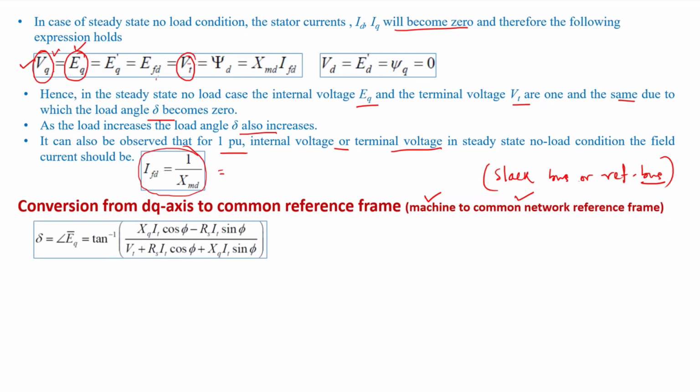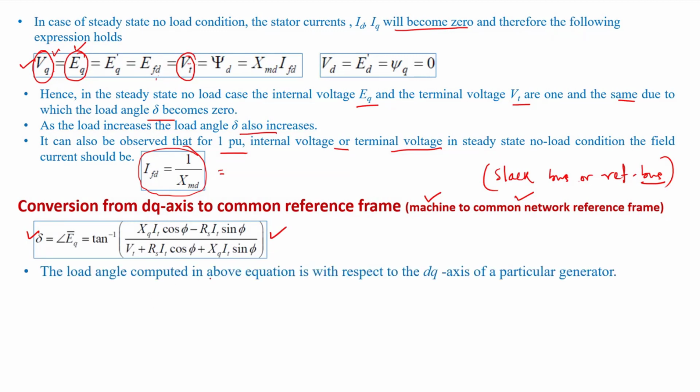Now you know the delta is this. Delta is the angle of the internal voltage, that is tan inverse of this, right? Already we have derived this. So the load angle computed in this equation is with respect to the DQ axis. It is for a particular generator, right?